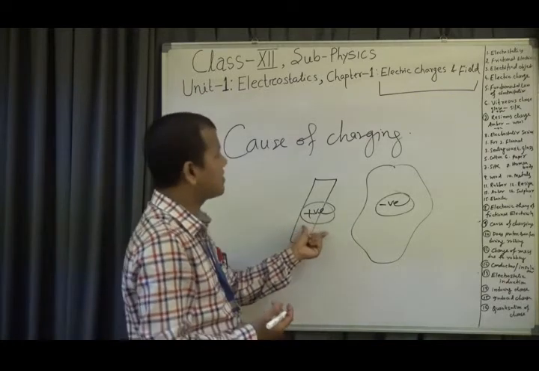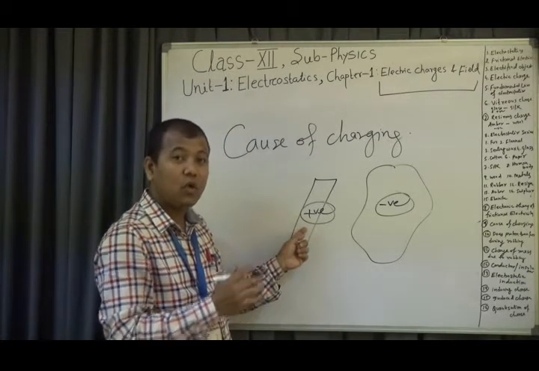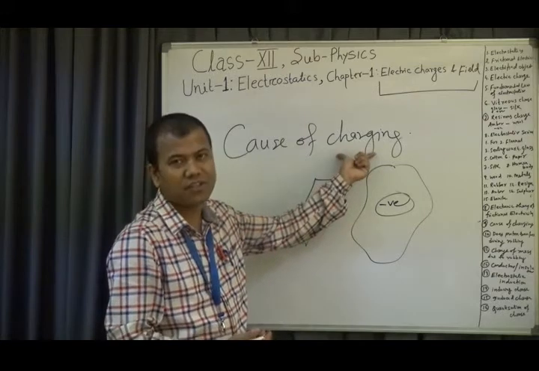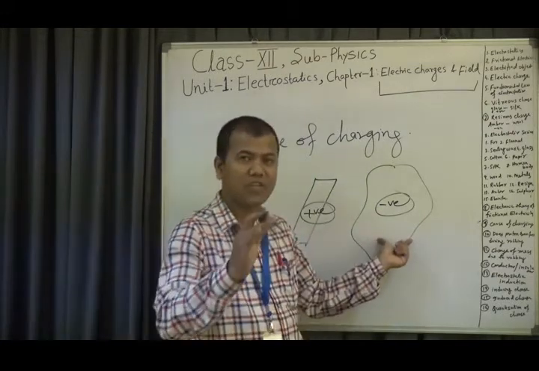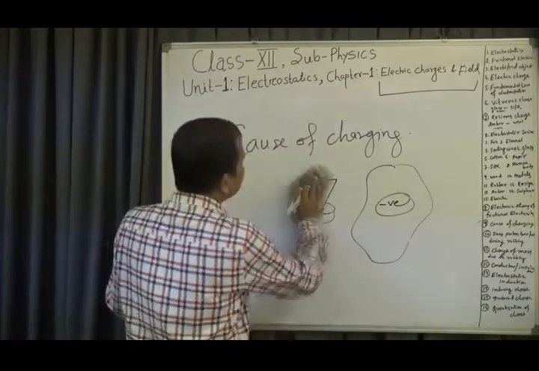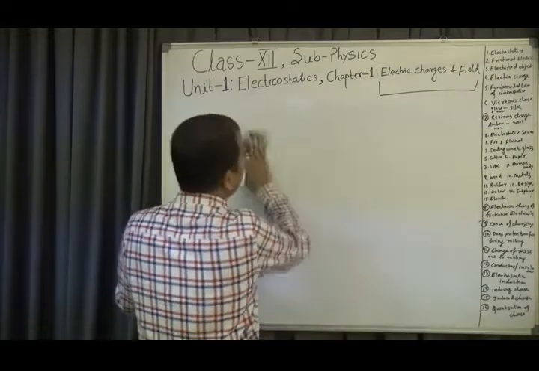Whenever you rub that glass rod with silk cloth, it loses some electrons, and that is the cause of charging. It is the main cause behind the charging of any object.